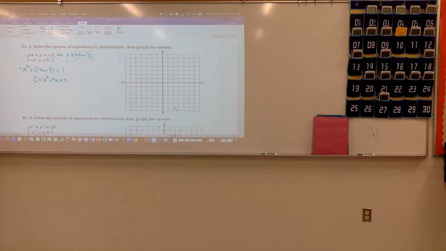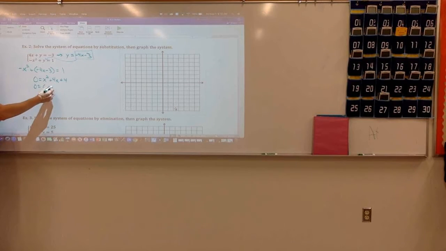Okay. So how would I solve this? Factor? We're looking for two numbers that multiply to 4 that add to 4. Right? 2 and 2. So this would just become x plus 2 times x plus 2.